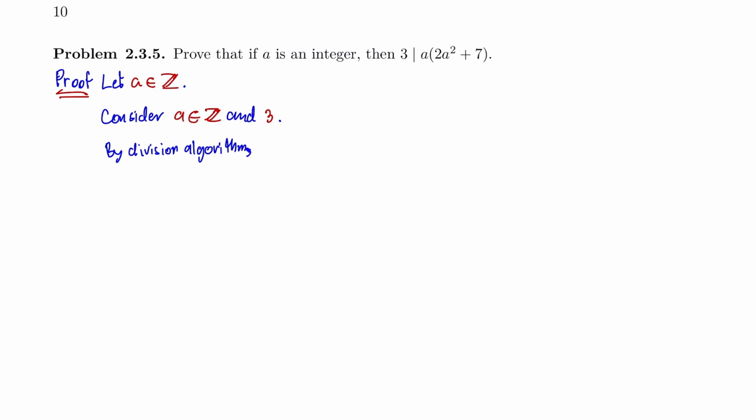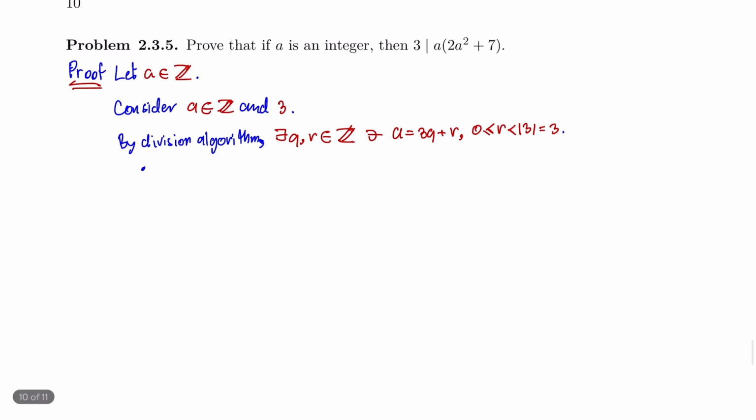we have that there exist integers q and r such that a equals 3q plus r, where r is an integer that is greater than or equal to 0 and less than the absolute value of 3, which is 3.